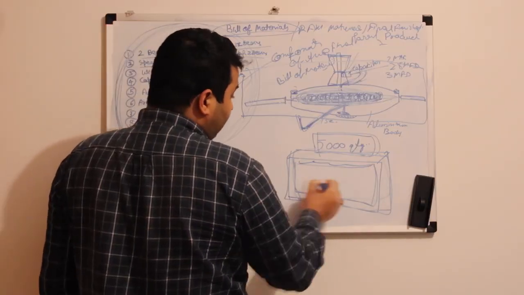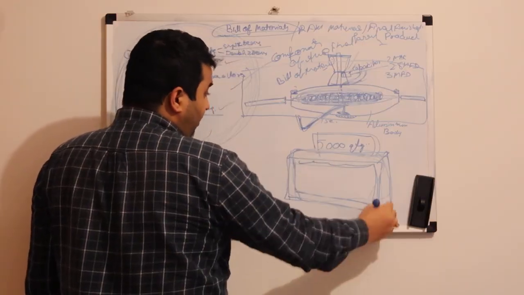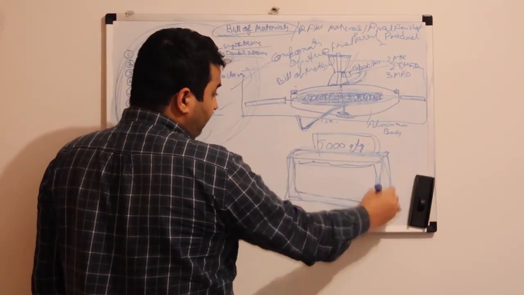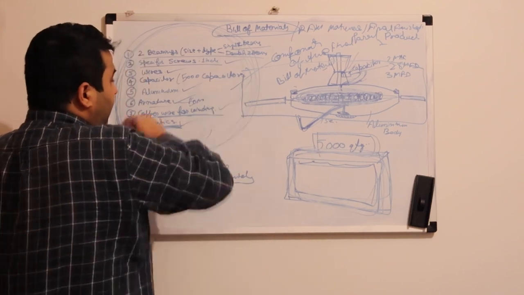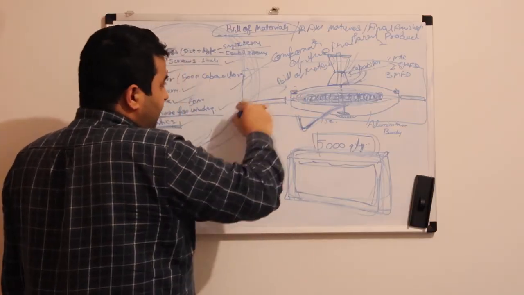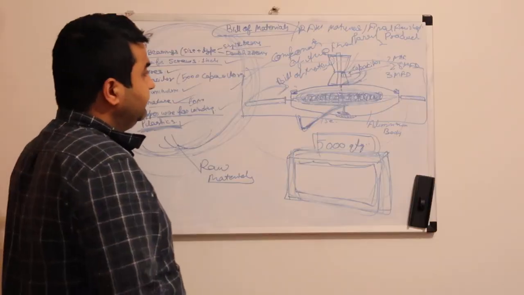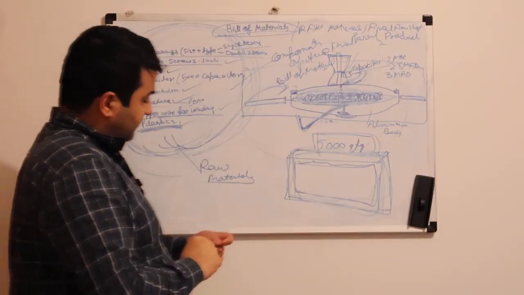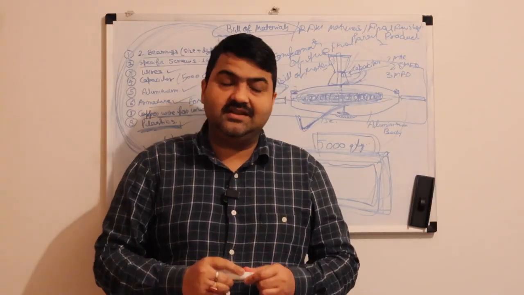All these are the raw materials: thermocol, the box, paper box. Okay, all these things come under raw material. So raw material we provide to the production facility to manufacture the final product. So this is about the bill of material in the materials management.